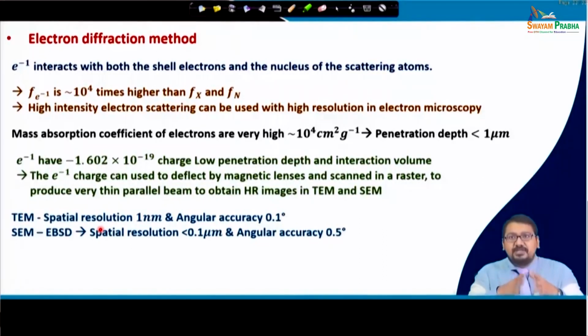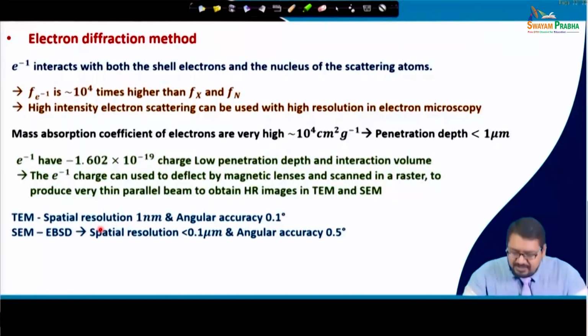Now you see that with the advent of technologies and new developments, the spatial resolution of the ACM is constantly improving, and now we are able to obtain even grains of the size of 150 to 250 nanometers in polycrystalline nanostructured materials using ACM EBSD.